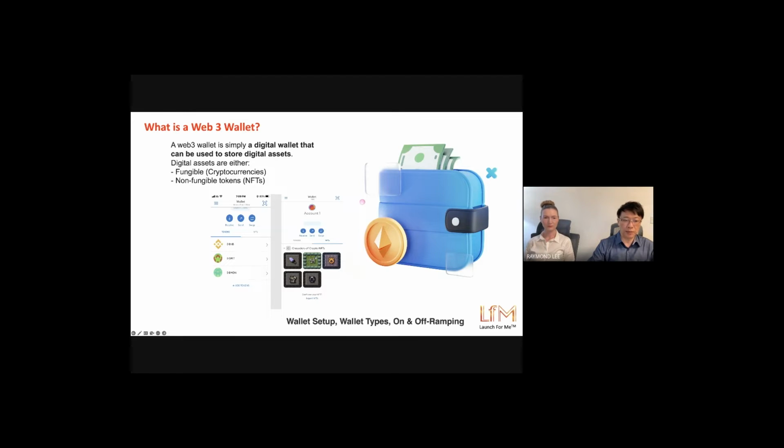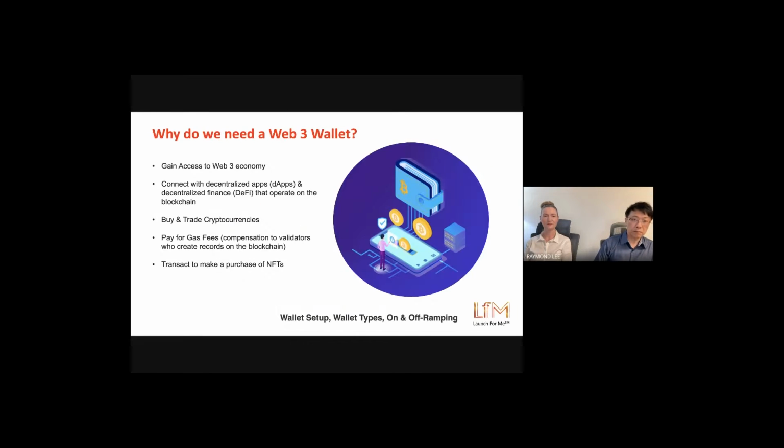So you also see a receive, a send, and a swap. So basically, you can send your cryptocurrency or your NFT over to somebody else. You can also just do a swap with someone else, which is a one-to-one direct swap, which can be done all on the wallet.